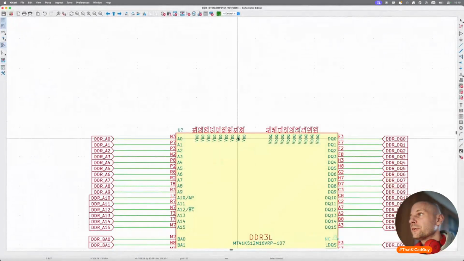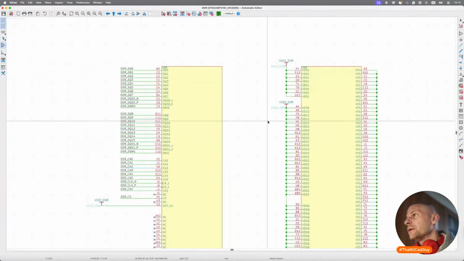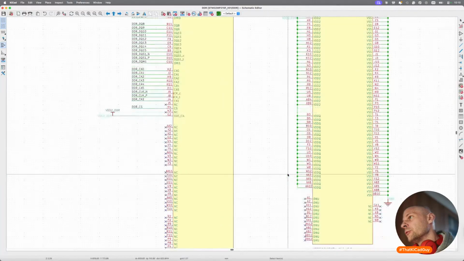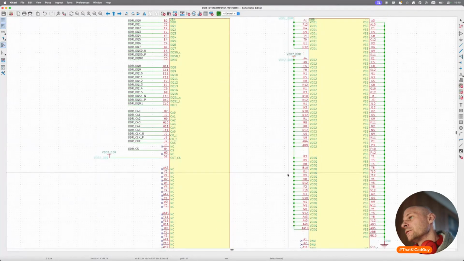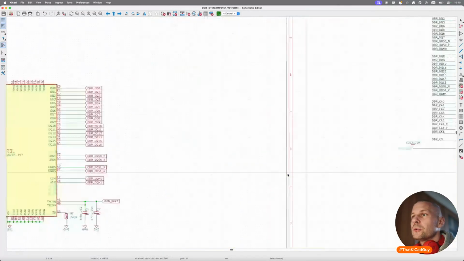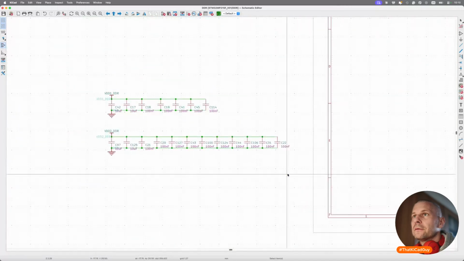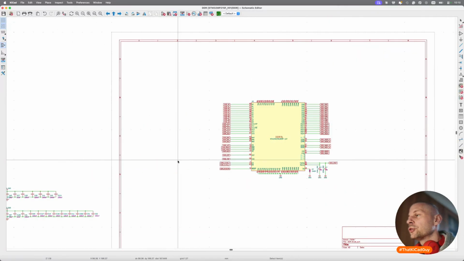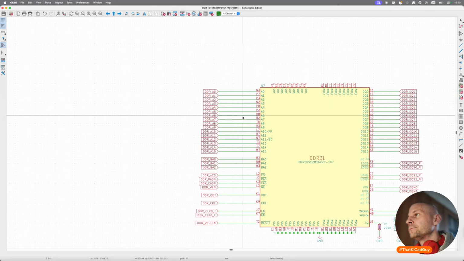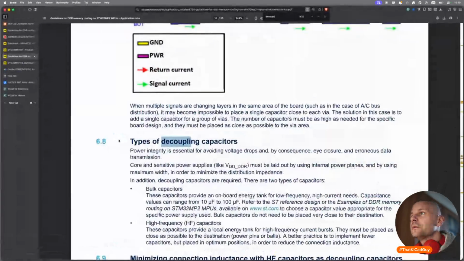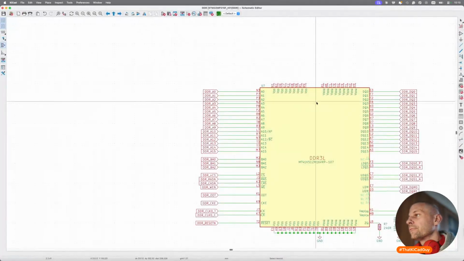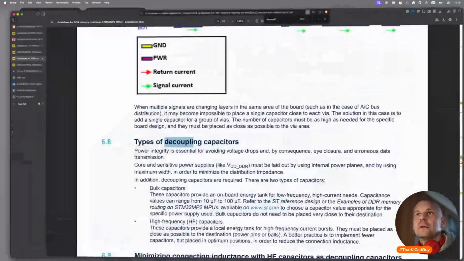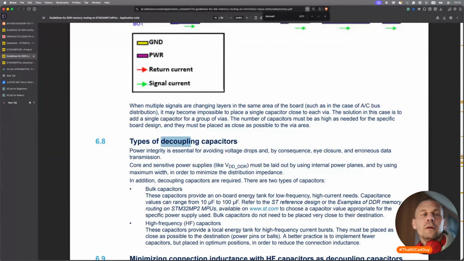We have this original symbol here. They use this number. Okay, not so much. The DQ was the interesting one.